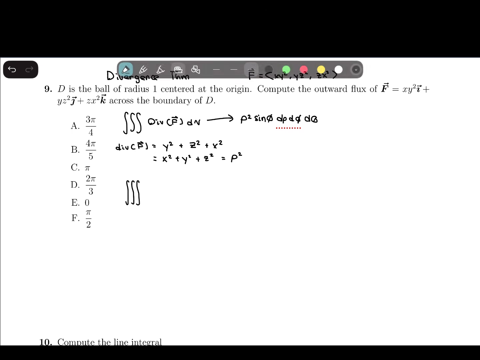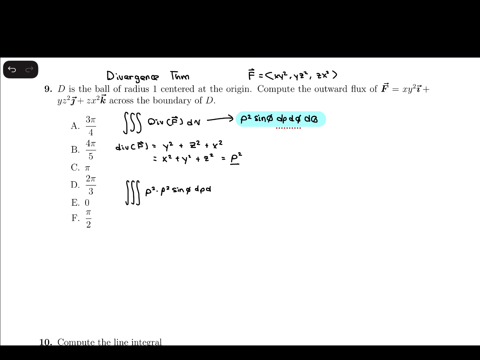I would like to emphasize how much you should know this. This is a very important dV to know, but our integrand is rho squared. So we put this in: rho squared times rho squared sine phi d rho d phi d theta.